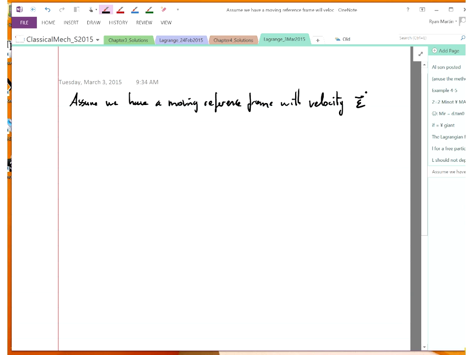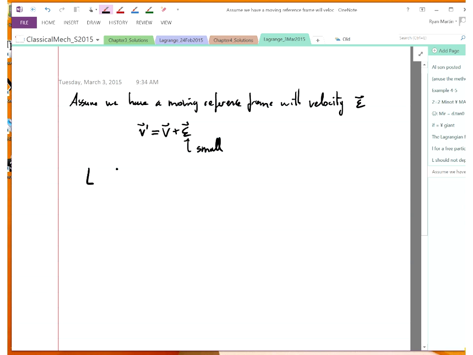Earlier I made the argument that the velocity would be capital V. Now I'm going to make it a very small velocity, and I call it epsilon vector. So then the v prime in that moving frame of reference is just the original v plus epsilon. Okay, so that's just saying that your spaceship has slowed down to a crawl, and it's moving with an infinitesimally different speed than mine, and that velocity is epsilon.